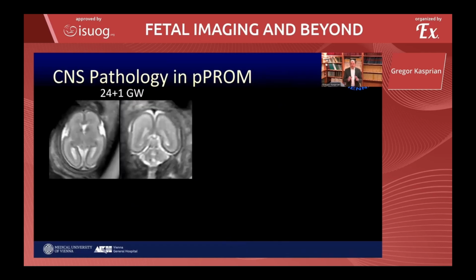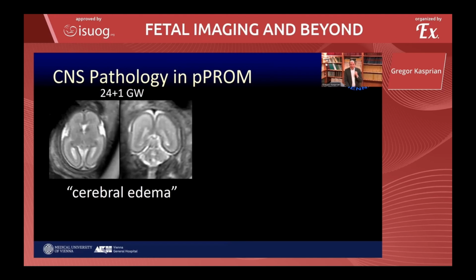So if we look into some of our cases with preterm premature rupture of membranes, we will realize that in this case at 24+1, the outer CSF spaces are almost diminished. There is no water, no CSF around the brain. The brain itself is quite small, kind of swollen, and the outer CSF spaces are obliterated.